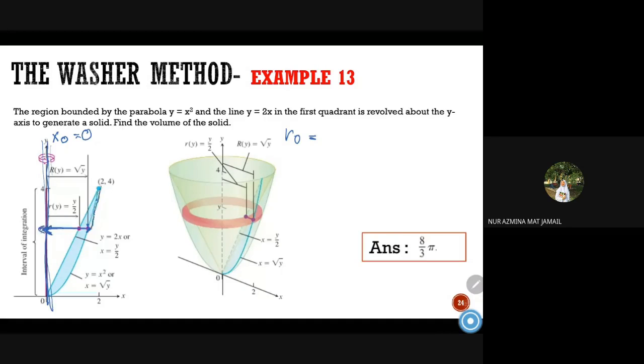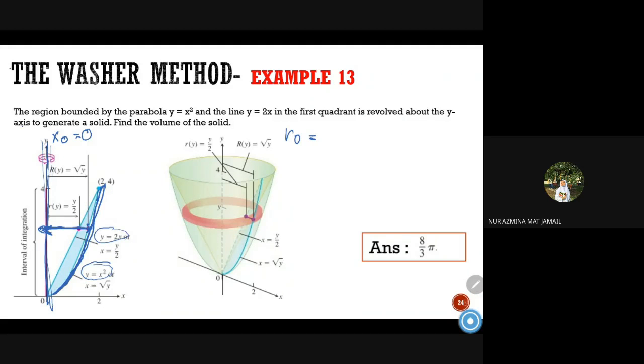The curve yang ni adalah curve, okay, x. Since dy, maknanya you have to express the function equals to y. This curve is y equals to x square. But since we are measuring from right to left, this one becomes x equals to square root y.